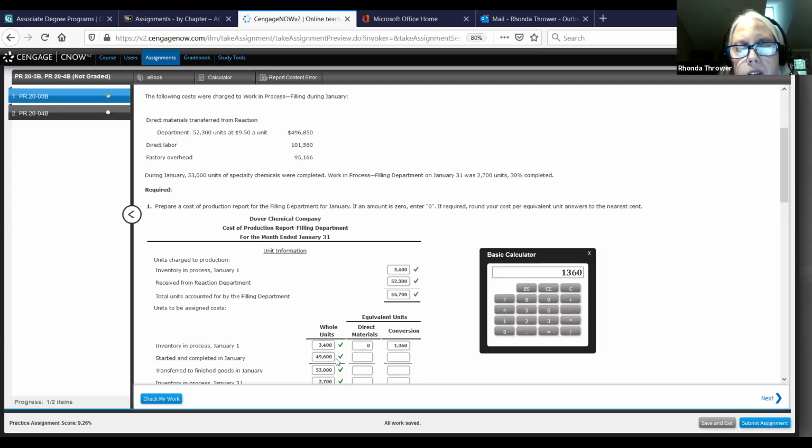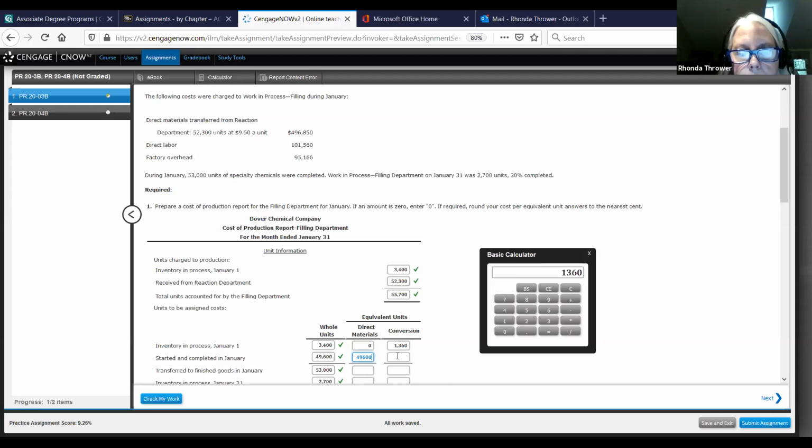So all of these whole units have all of the materials added this period. 100% of our materials were added to those units that we started and finished. So we're going to put in 49,600 as my started and completed units with respect to materials.